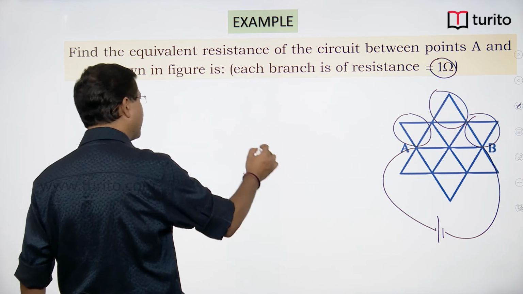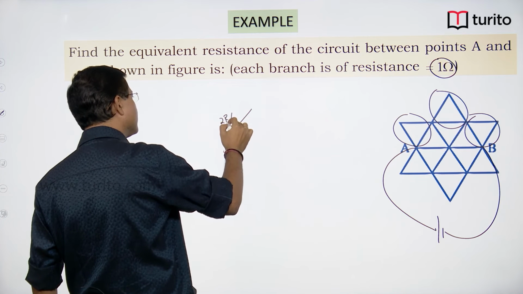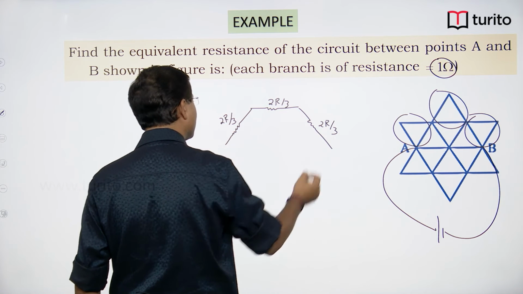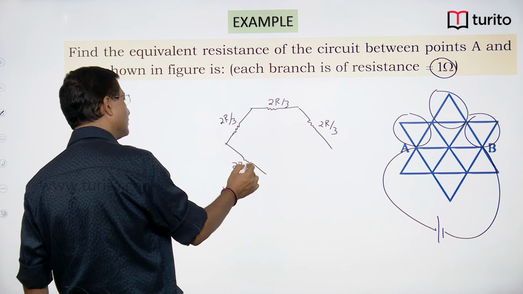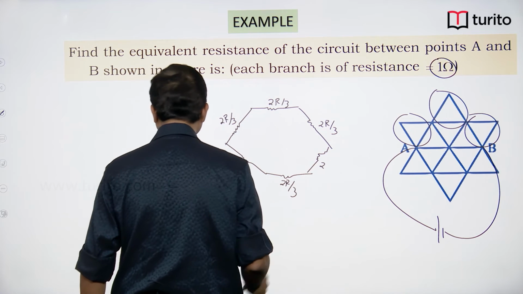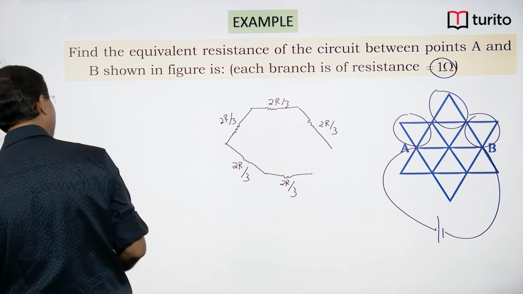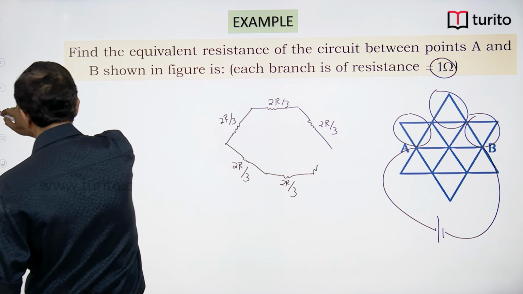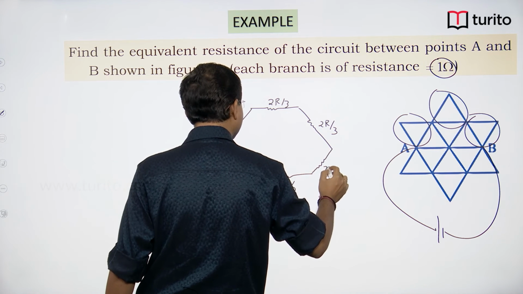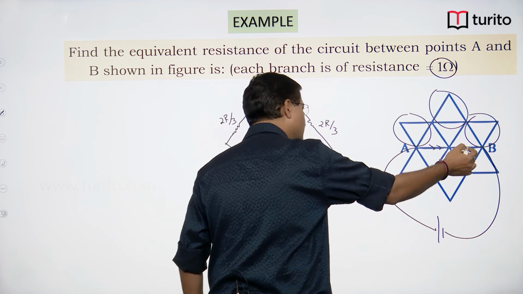And I can draw a simple diagram. And as I already told you, this current will be equal to this current, input output symmetry.